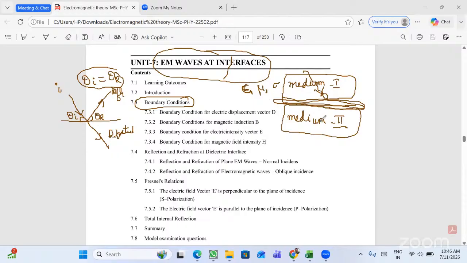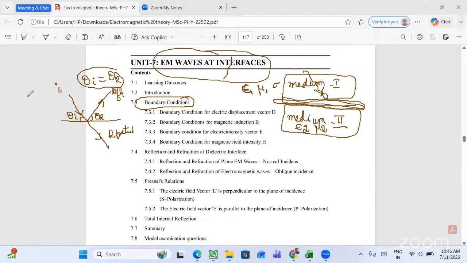Coming to medium 2, this may have different electrical properties as it is a different medium, like the air and glass example we have taken. Medium 2 has permittivity epsilon 2 and permeability mu 2. These are the things you should remember when studying this.